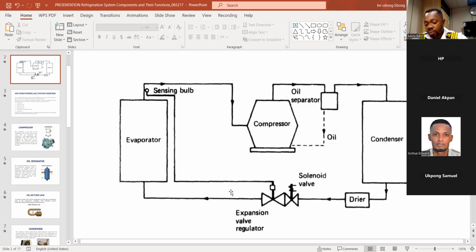Check number one: is it the high side that ices up or the low side? If it is the low side, just know that the issue is from inside. It could be that your evaporator filter is choked up, so your evaporator blower fan cannot suck air across that filter, then across the coil, to send it to the cabin.